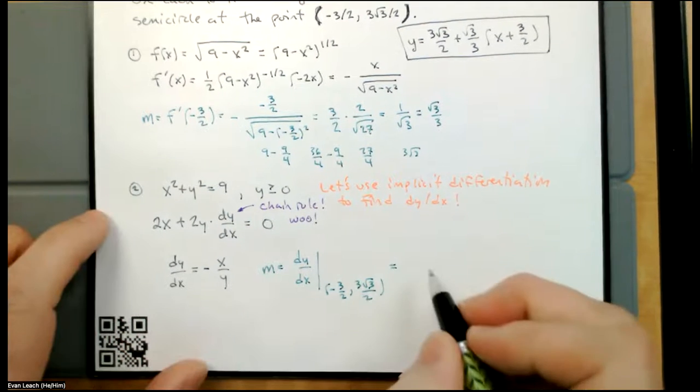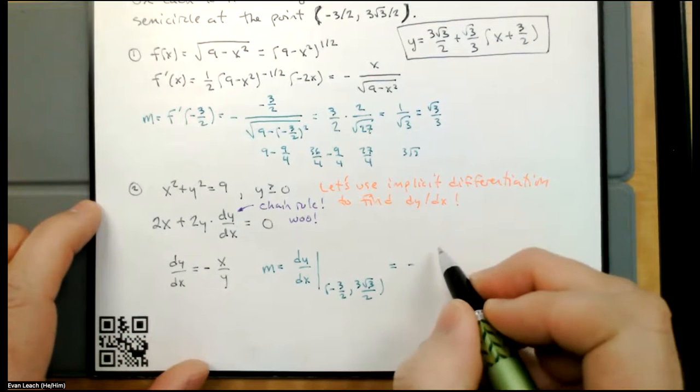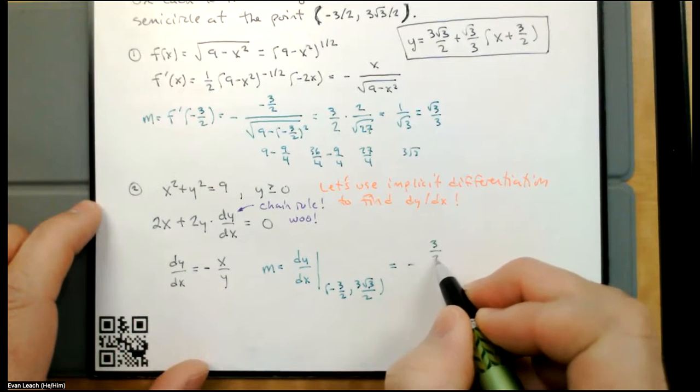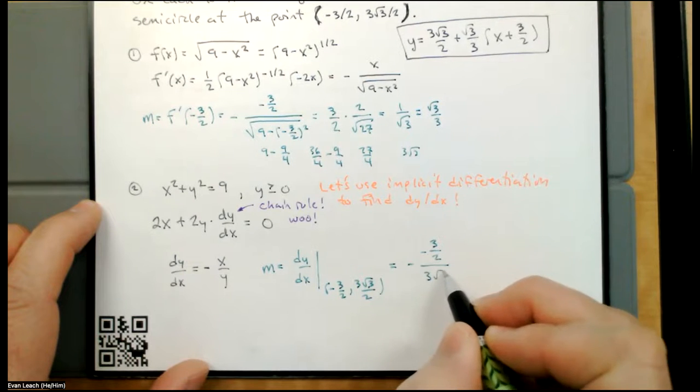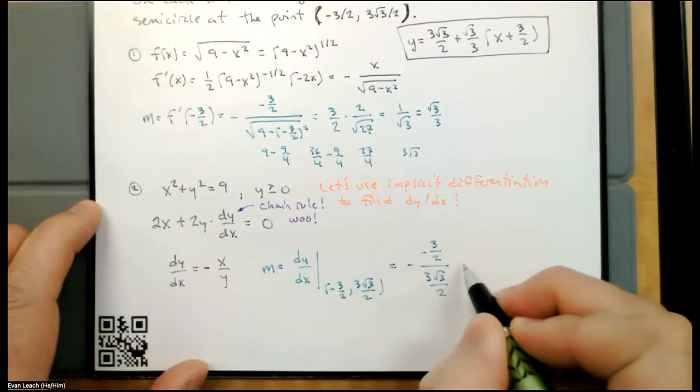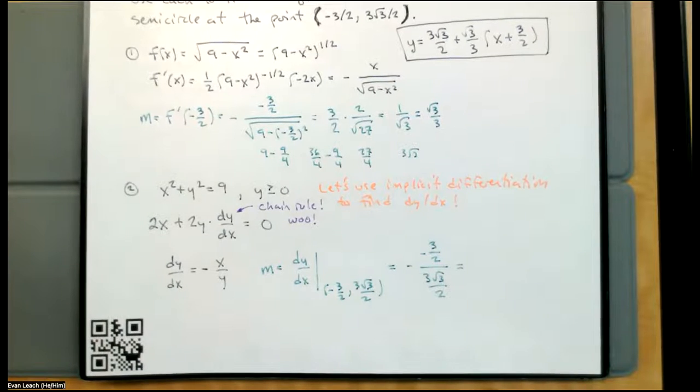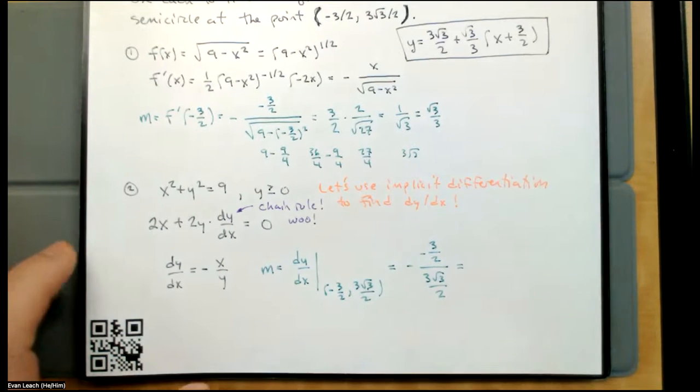So minus 3/2, oh, a negative 3/2 over positive 3 root 3 over 2. The negatives cancel. The 1/2 cancels. The 3's cancel, and we're left with the same thing, 1 over root 3.